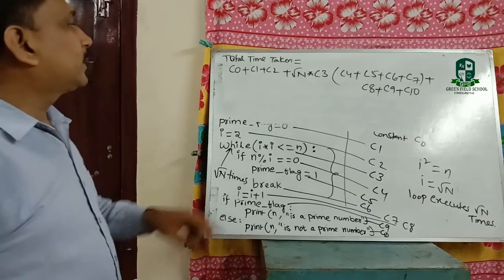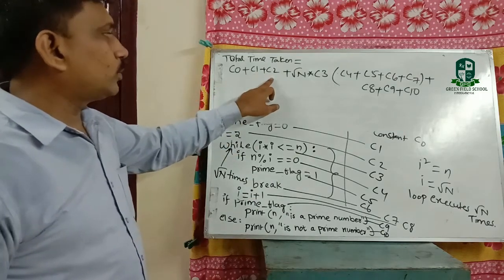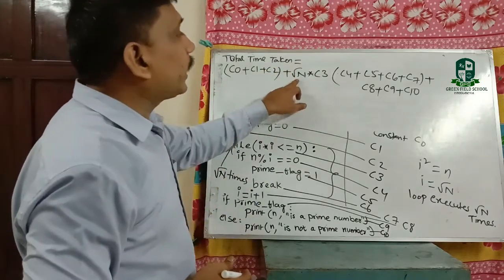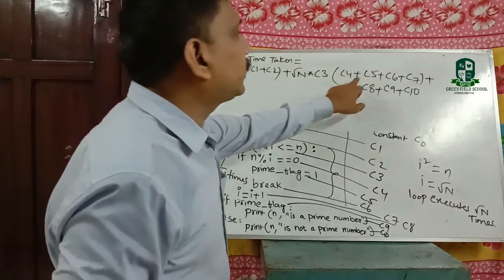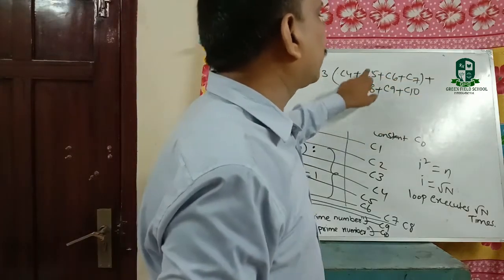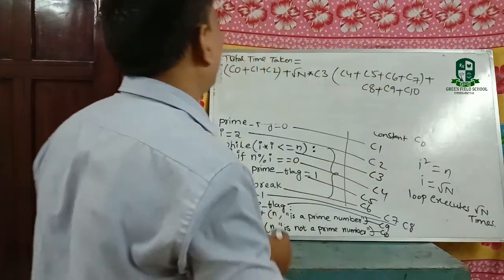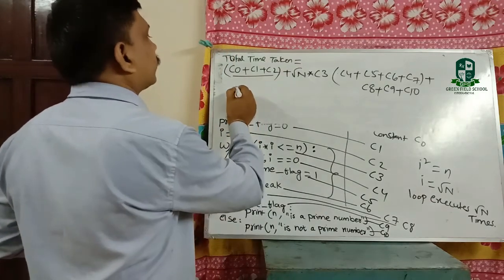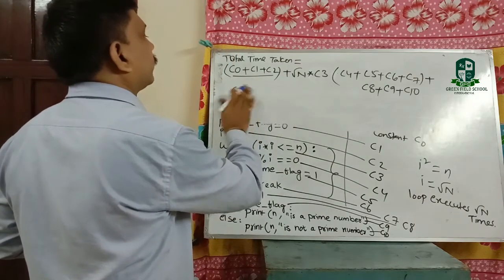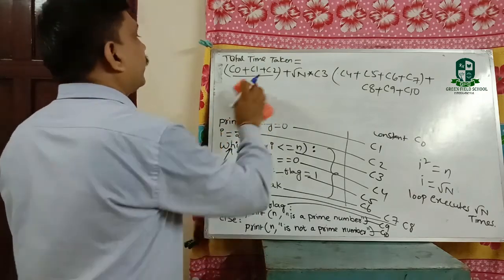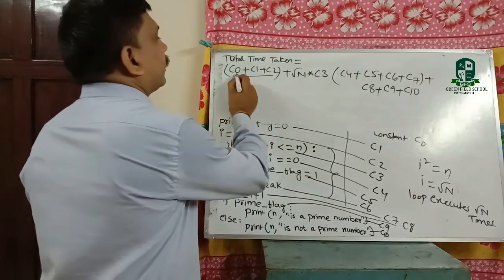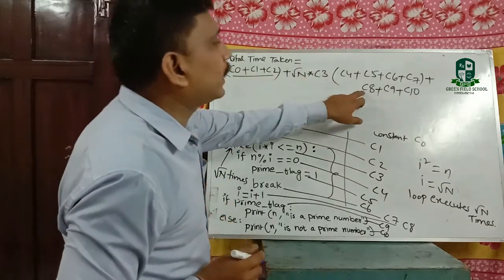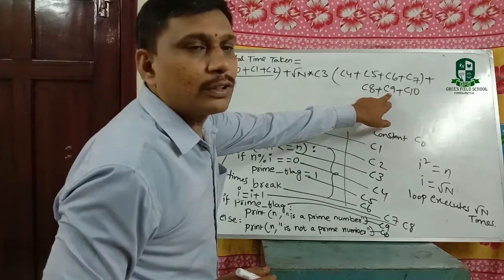So the total time taken to execute this program is C0 plus C1 plus C2. All these are constant. Plus root n into constant plus constant plus constant; these are all constants. So C0 plus C1 plus C2 is constant, this one is also constant, this one is also constant.